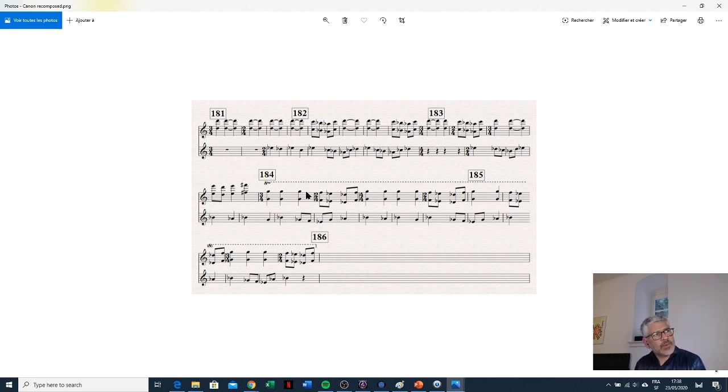When we study pieces that are in different key signatures, we don't expect the pieces to be all in the same key signatures. We know it's very chromatic here and there, and we have to navigate the tonalities and how this is composed.